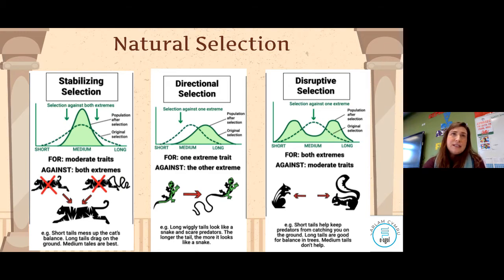Okay, so a characteristic showing continuous variation has a range of values. In a certain environment, a particular phenotype might be of advantage. In that case, it's selected for, and the extremes are selected against.